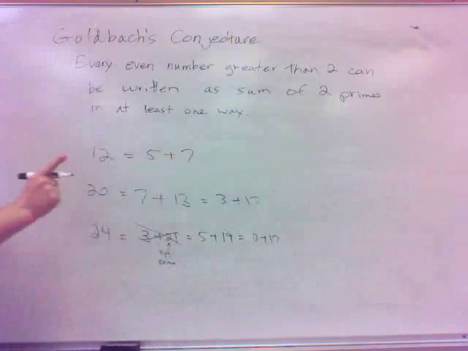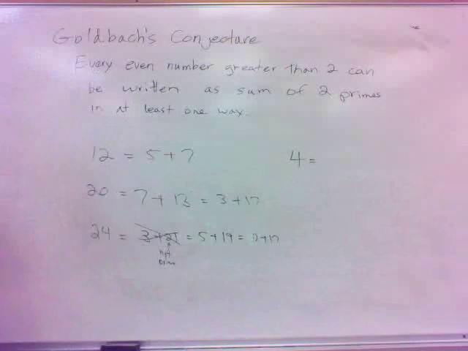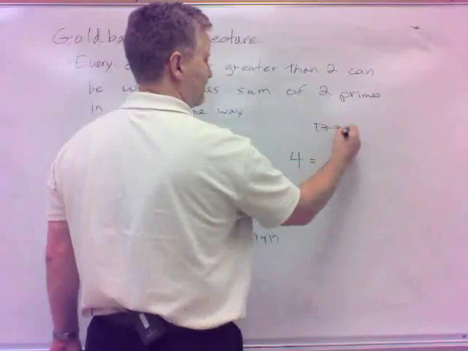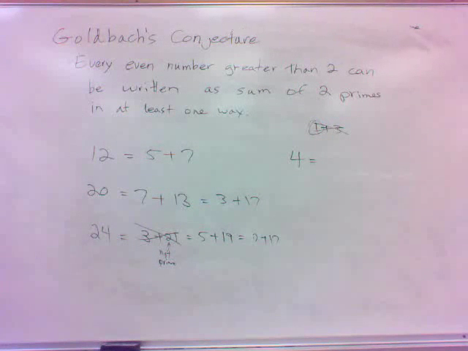Now, the other thing, what about 4? How can I do this for 4? Because it says every even number greater than 2, and 4 is greater than 2. 1 and 3? Not 1 and 3, why not? What about 1? Is it prime? We talked about that last time. 1 is not prime, it's not composite, it's neither one.